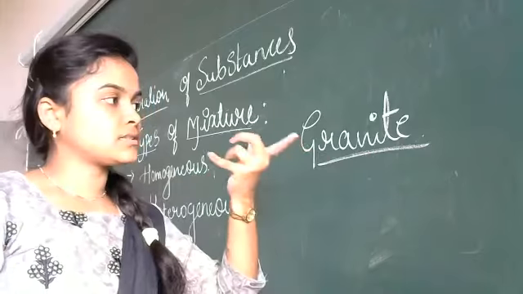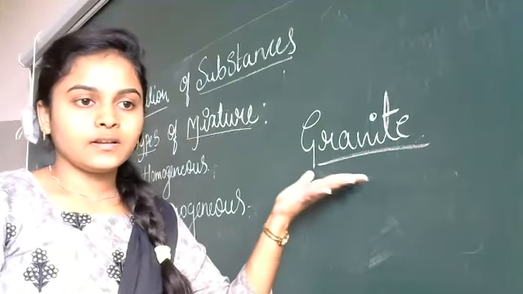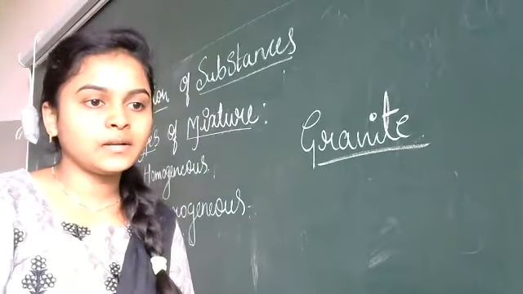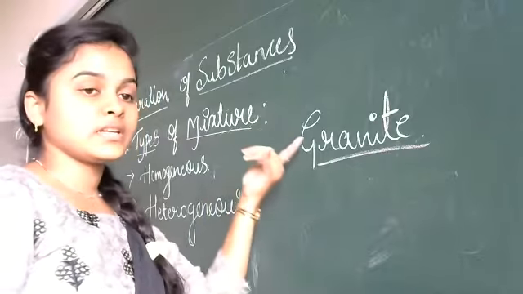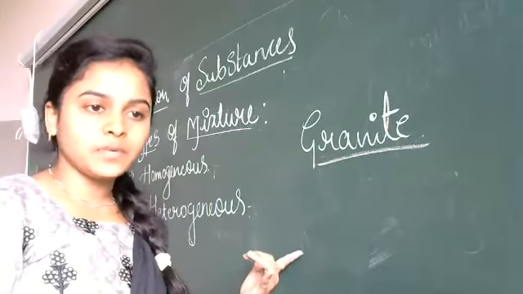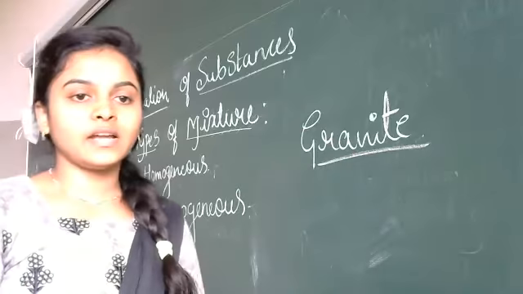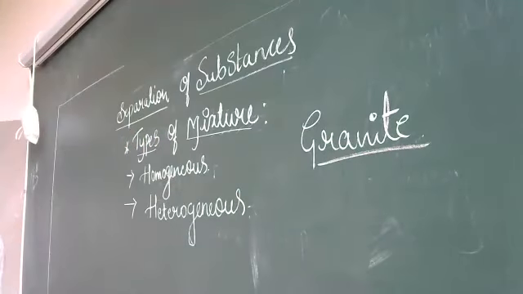This rock or stone is used for putting tiles in your home. Have you seen that? Yes, that is also not homogeneous, but it is a heterogeneous mixture. We can see the components which are present inside that granite. Understood? Yes, ma'am. Okay.